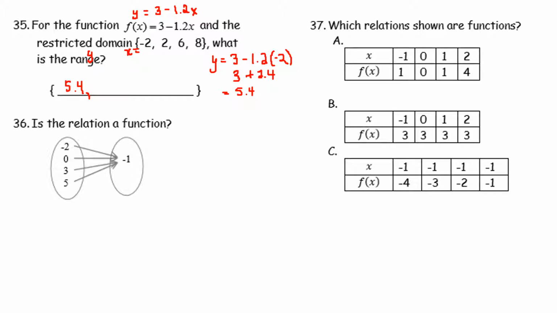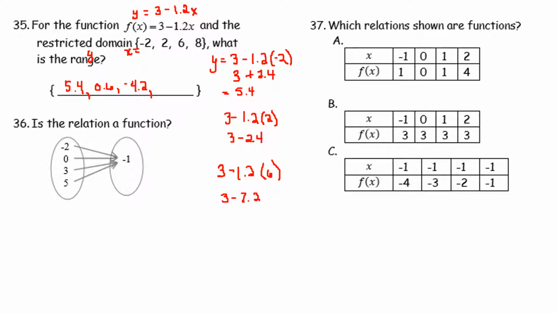Okay, now let's plug in the next one. We've got 3 minus 1.2 times 2. So that's going to give us 3 minus 2.4, and that gives us 0.6. The next one is going to be 3 minus 1.2 times 6, and that gives us 3 minus 7.2. 3 minus 7.2 would give us a -4.2.